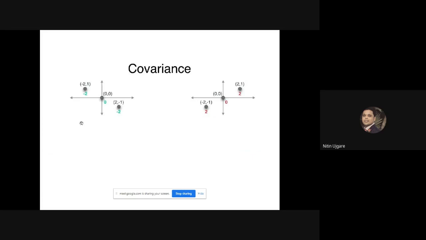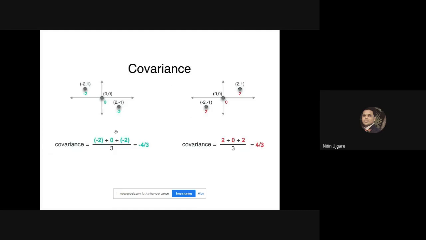Here you can see the covariance for this set of points in this direction. We have calculated it as -2 into 1 will be -2, 0 into 0 will be 0, plus 2 into -1 will be -2. So -4 divided by 3, and this set of points in this direction will have positive covariance.